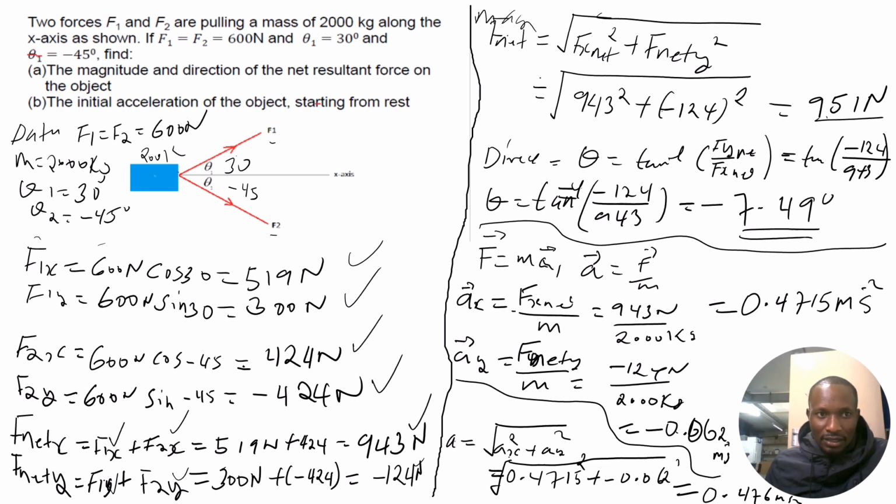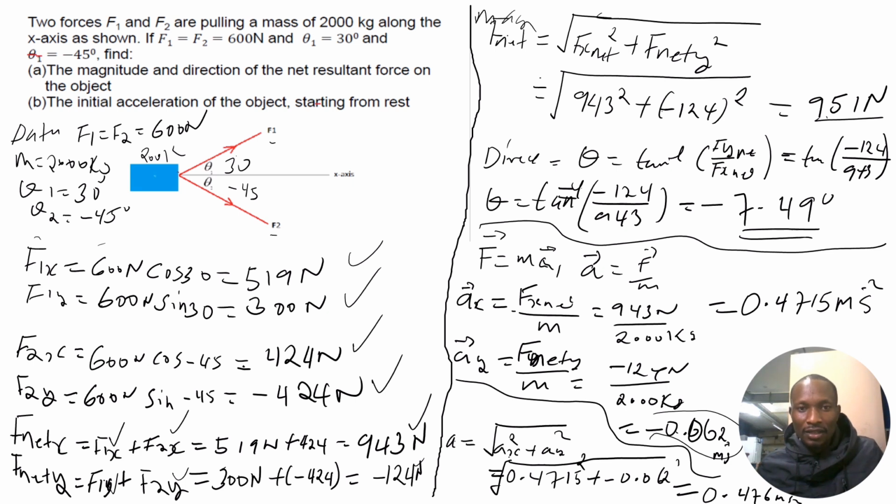We are just told determine the initial acceleration of the object starting from rest. So you can still proceed and find the magnitude of the resultant acceleration, and that is 0.476, and from there you can even calculate the direction of the acceleration, which is going to be tan inverse of ay over ax, which is this value here, our y, divided by this one, and you're gonna get it in degrees.